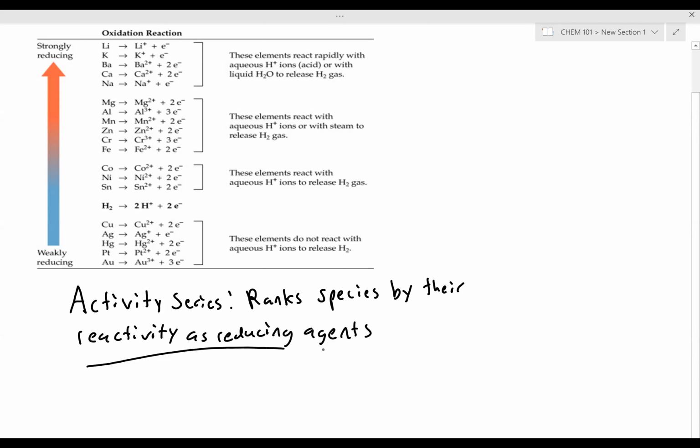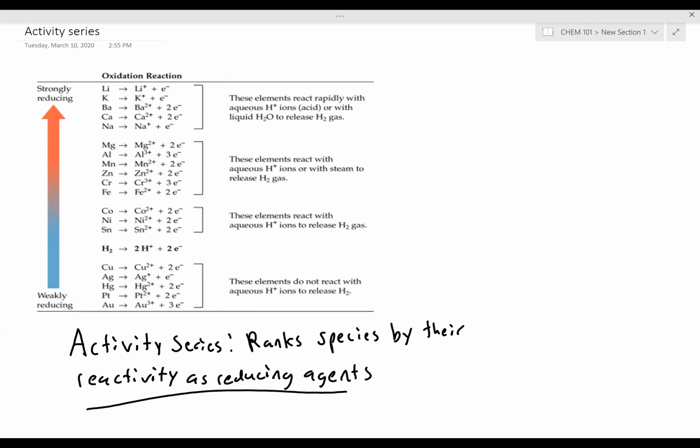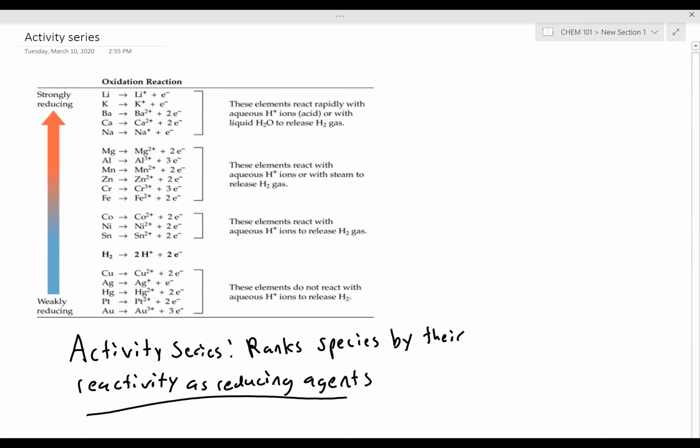Okay, so we're looking at the reactivity of species as reducing agents. To give you an example of how this works, let's consider the case where we take our metal samples and react them with HCl.